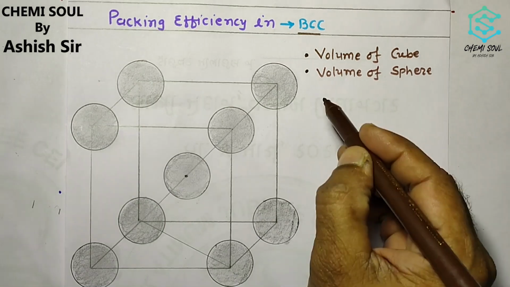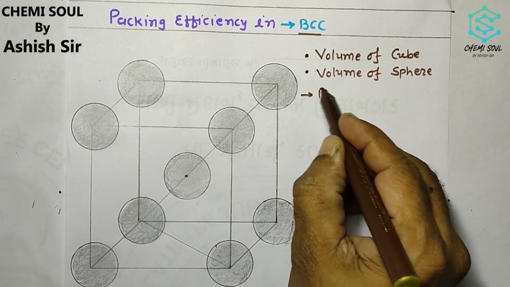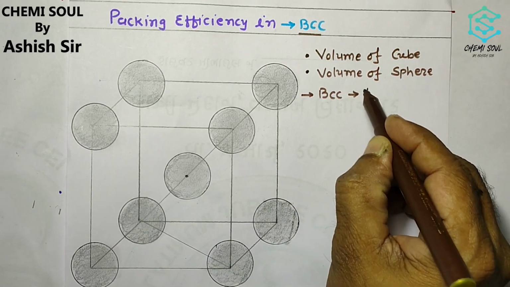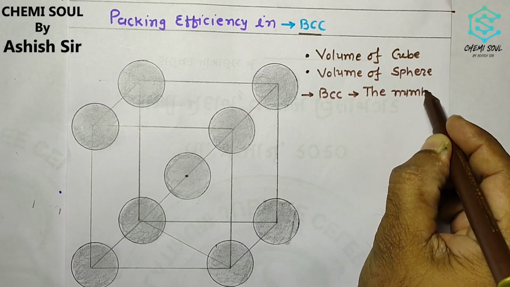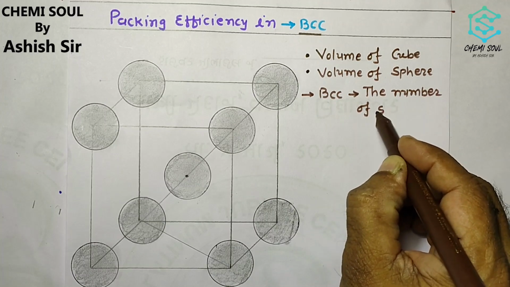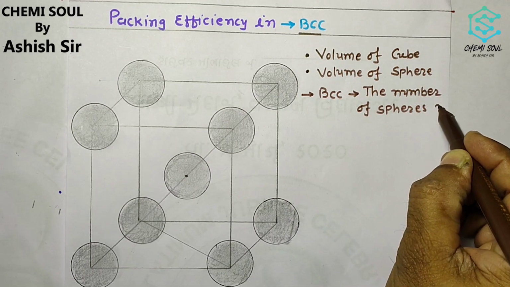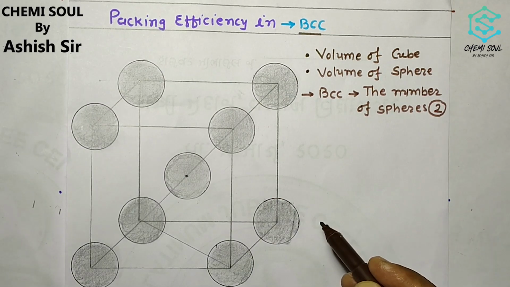As we all know, in the BCC structure the number of spheres is 2, as per our previous calculation.